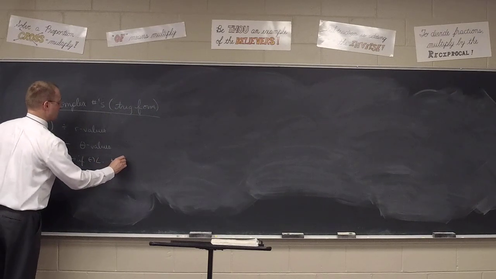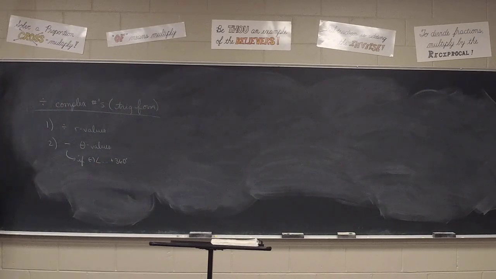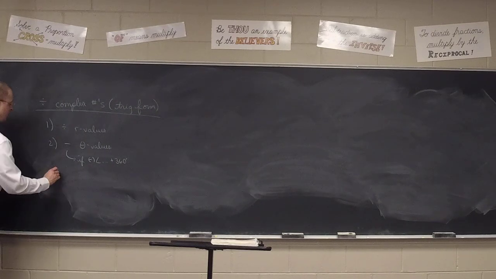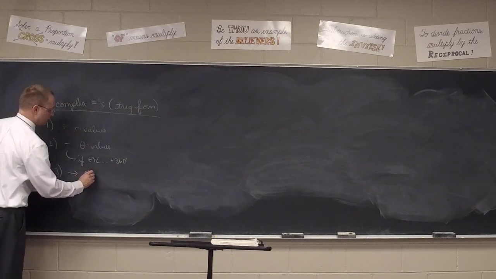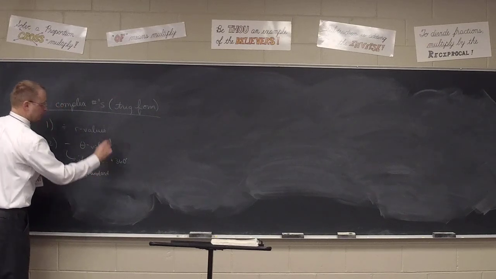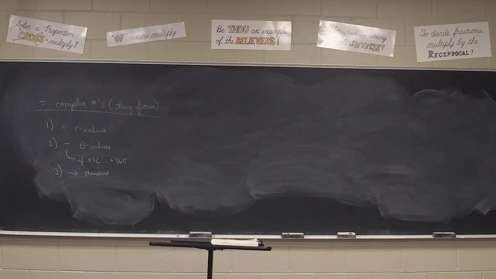But then you just add 360. Just like when we added theta values and had something bigger than 360, you can just subtract 360. So that shouldn't be a problem for us. And then, of course, if it is ugly to look at, we'll convert to standard. If you had to guess what the steps were, you probably would have guessed those. And you'd have been right.